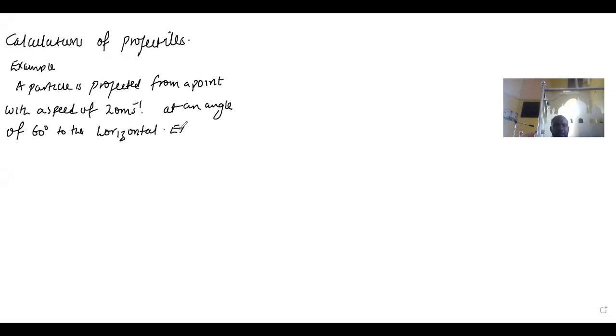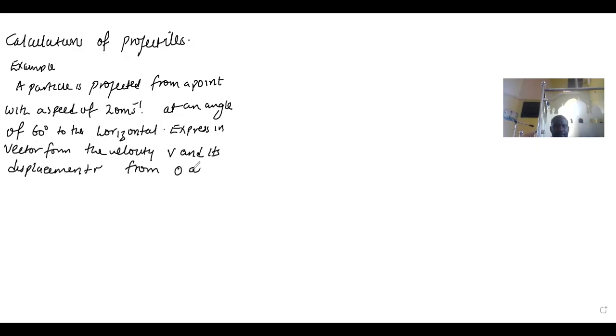I'll ask you to express in vector form the velocity v and its displacement r from O at any time.